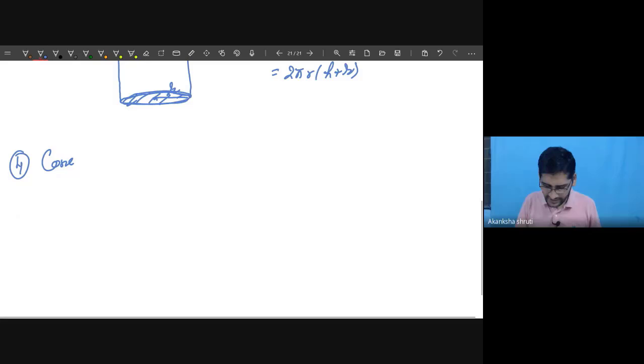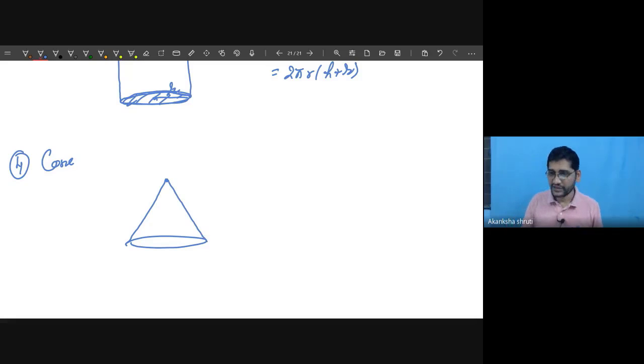A cone has one circular base, and at the center of the other circular face of the cylinder, a point is joined. So rather than the cylinder, it is the cone.